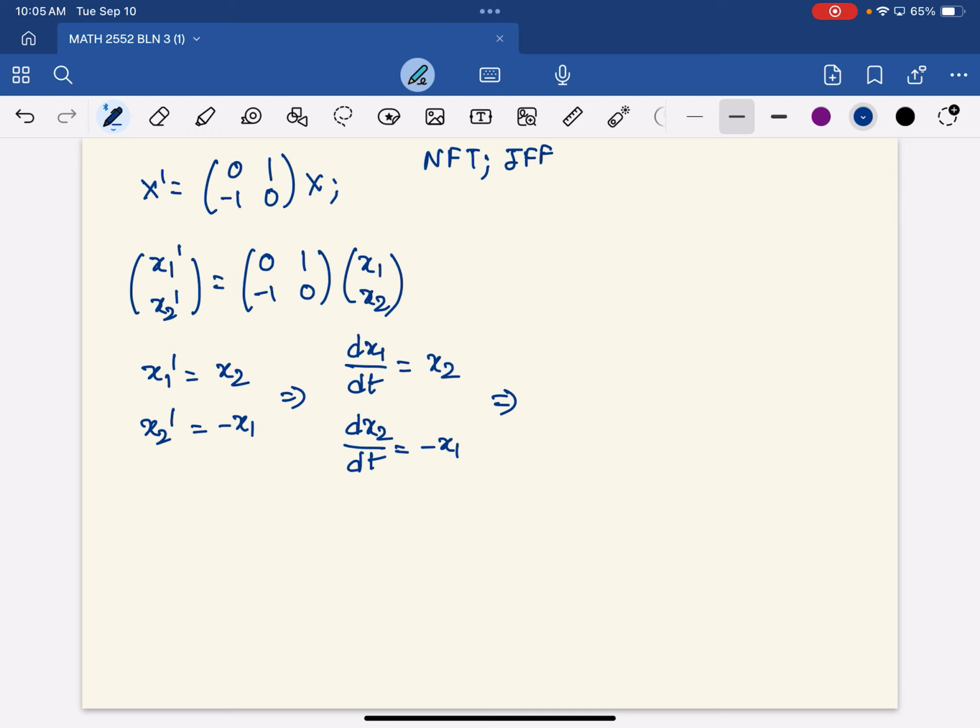So eliminating the parameter would give me dx1/dx2 equals negative x1 over x2. It's like the bottom equation divided by the top equation, and the dt gets cancelled out, but you should not say that. Are you with me?